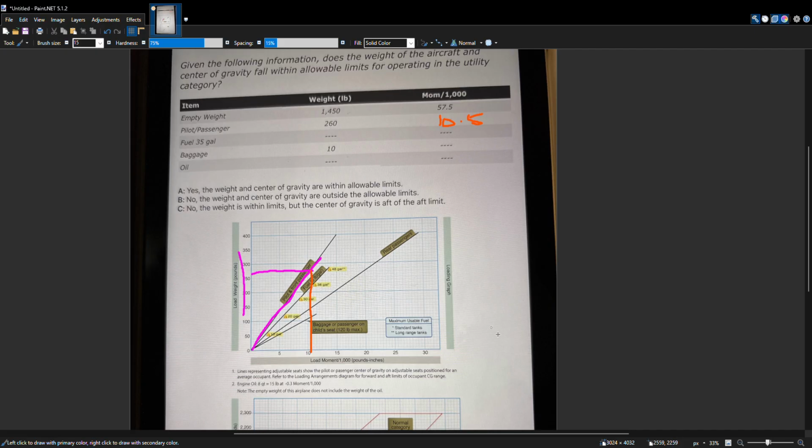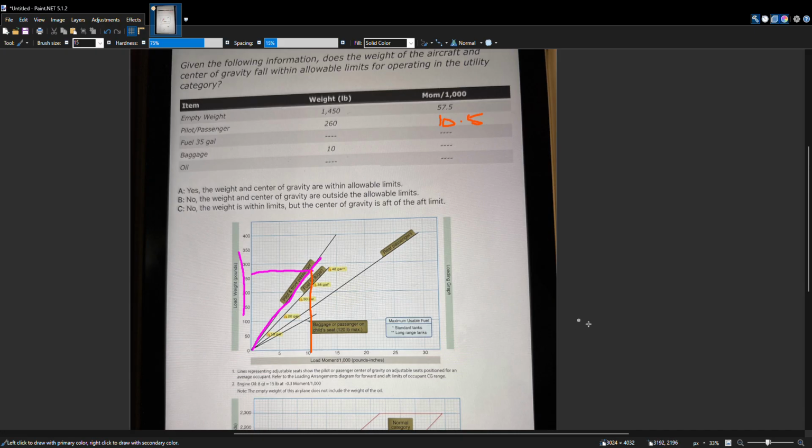Fuel, 35 gallons. Normally you do this in pounds, which you still can on this, but this little guy is giving you the spots. Yeah, I guess that's right.